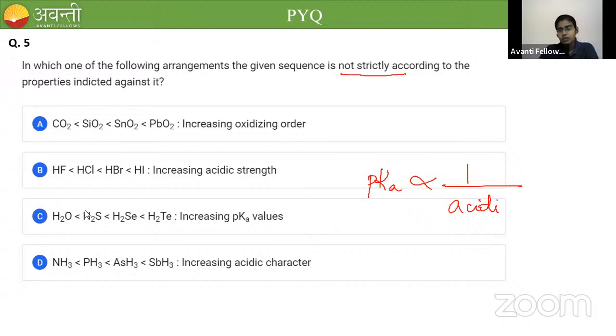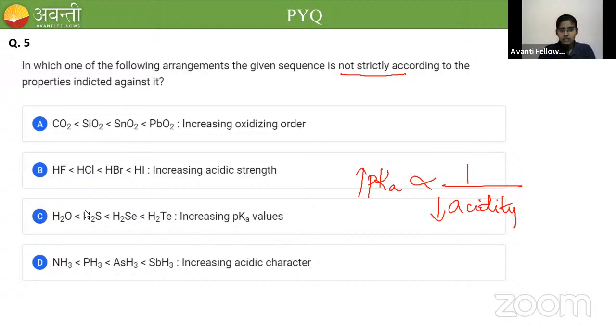If the compound has the highest pKa value, then it is least acidic in nature. So which compound is least acidic among these 4? H2O or H2Te? It is actually the tellurium hydride, right?